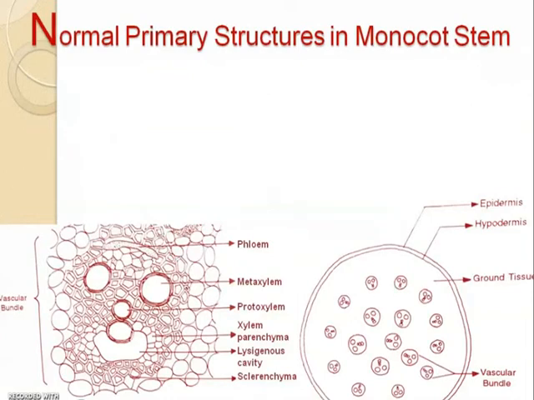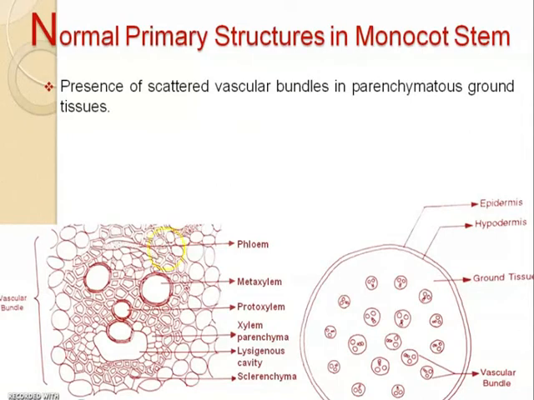Now, what are normal primary structures in monocot stem? In monocot stem, the presence of scattered vascular bundles in parenchymatous ground tissue is the normal primary structure. As in this case, this is the transverse section of a monocot stem, in which vascular bundles are distributed scattered in parenchymatous ground tissue.